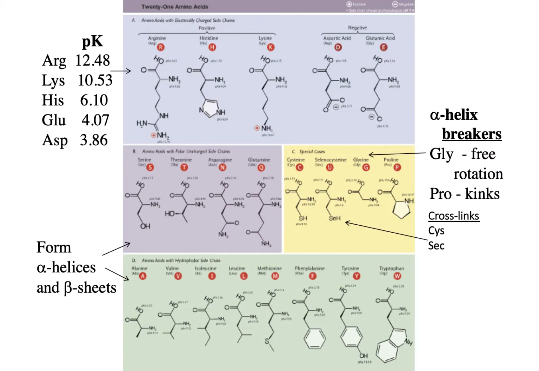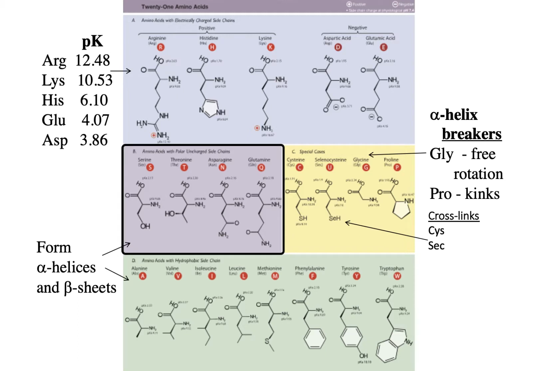So here's a chart of those amino acids going from the simplest, which is alanine, valine, isoleucine, leucine, and then getting more complex ring structures over here with phenylalanine, tyrosine, and tryptophan. The amino acids here are polar, so they have usually an OH group, an amino group, or a carboxyl oxygen, which gives them a partial charge.